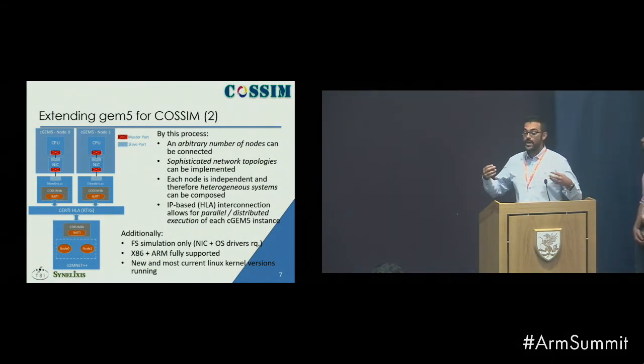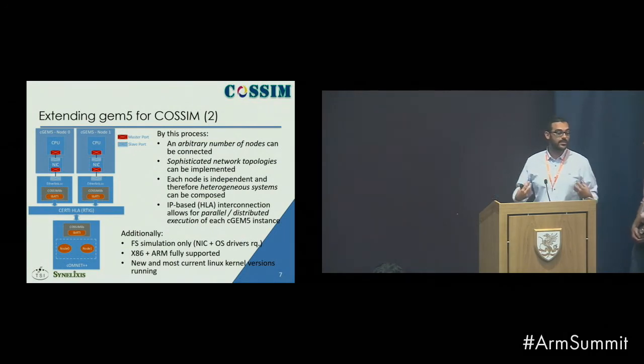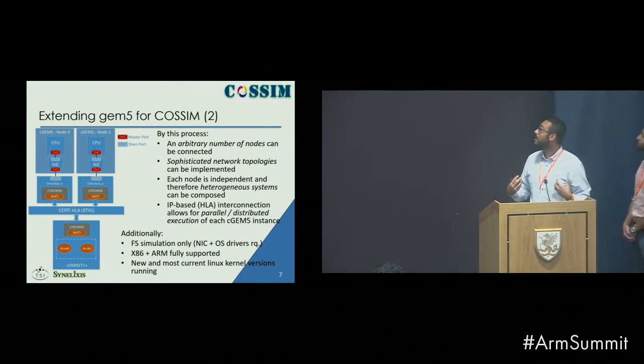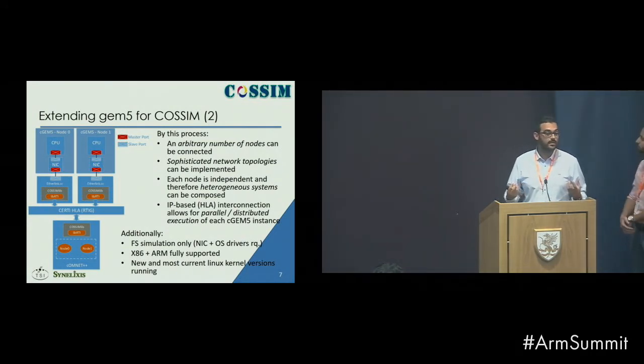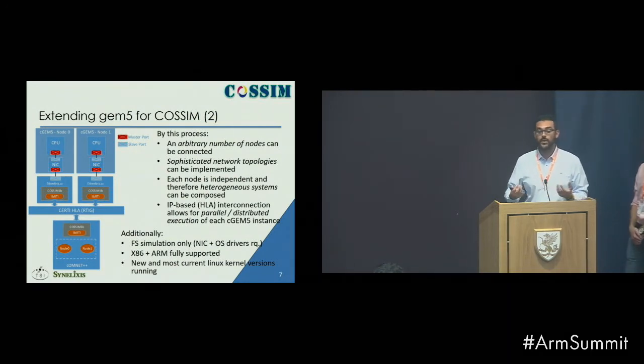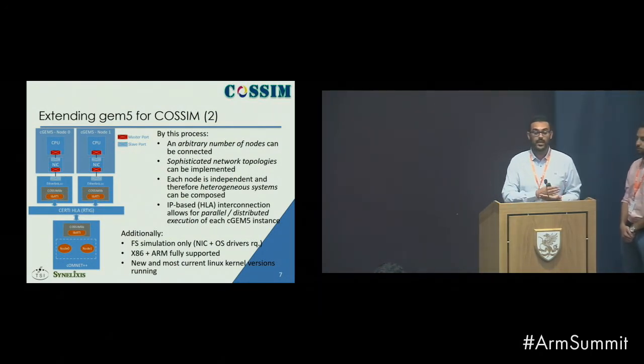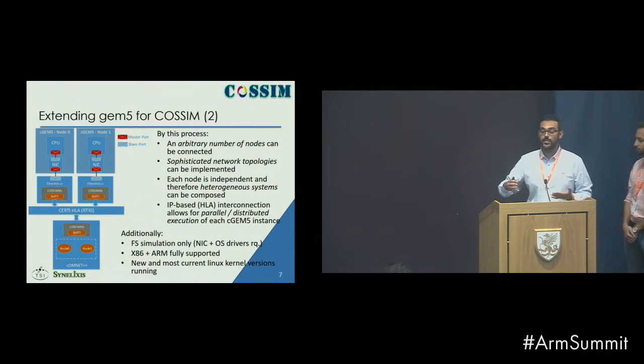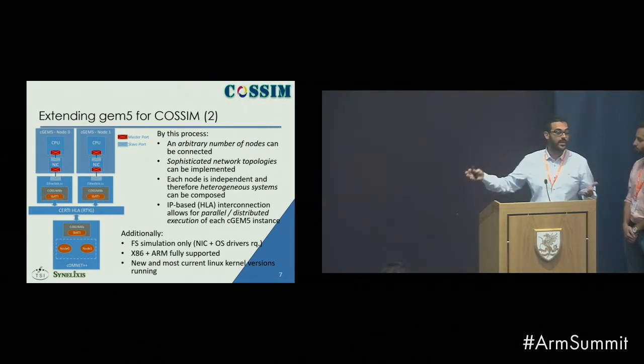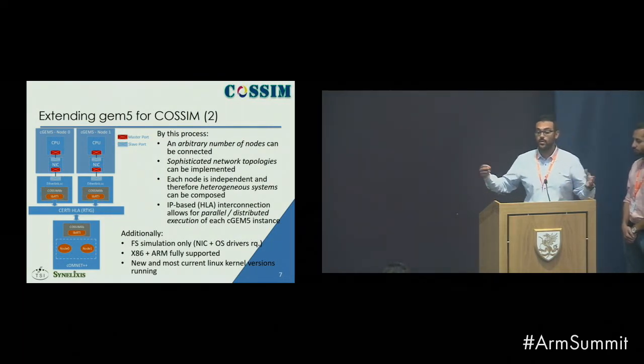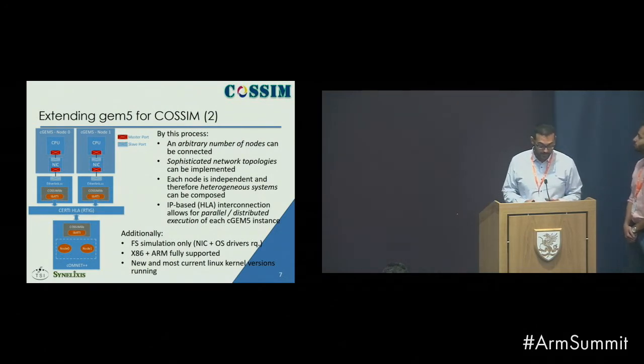Now, by breaking the systems, each system is independent. Therefore, each system can be whatever we want. One can be an ARM processor, the other can be a big.LITTLE configuration, the other can be an x86 processor, whatever system we want.